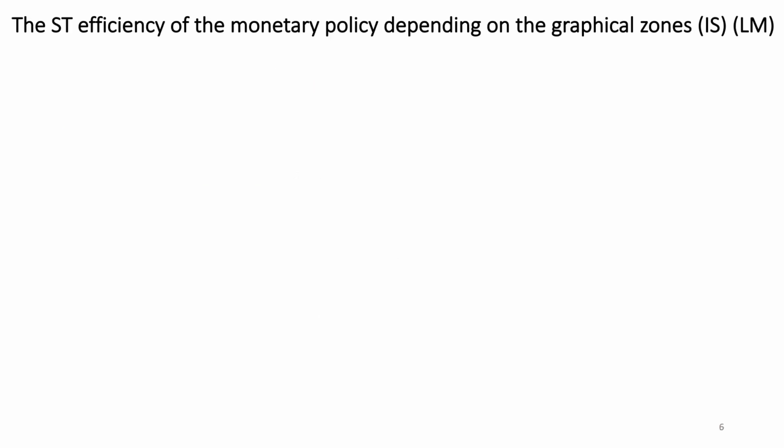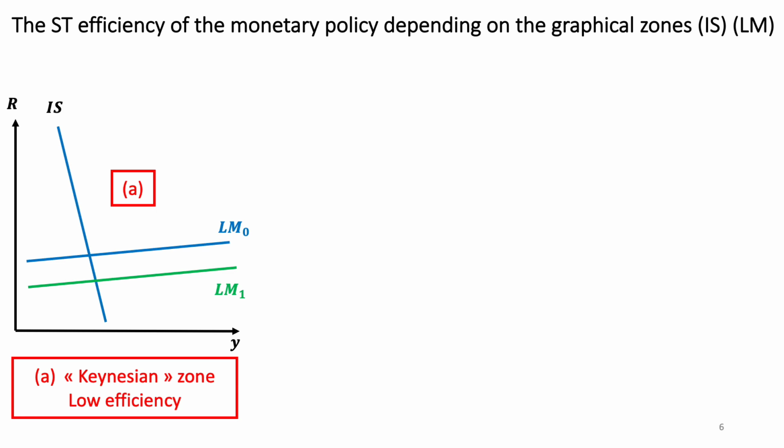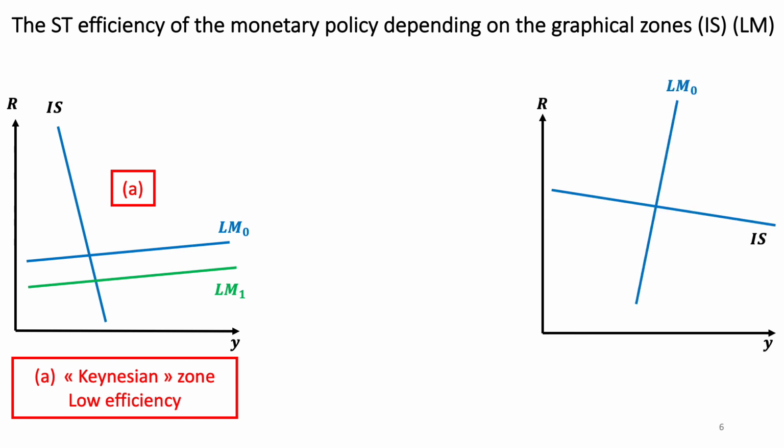Of course, these extreme cases are not usually observed in real life. They constitute a useful analytical framework to conduct macroeconomic analysis. We can use them, for instance, to represent different zones on the ISLM graph. And we can see that in the Keynesian zone, the efficiency is rather low, even 0 in the situation of the Keynesian cross.